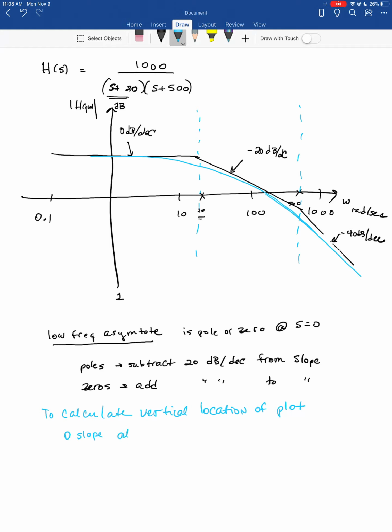So if you have zero slope at low frequency, let S go to 0 in H of S and convert to dB.